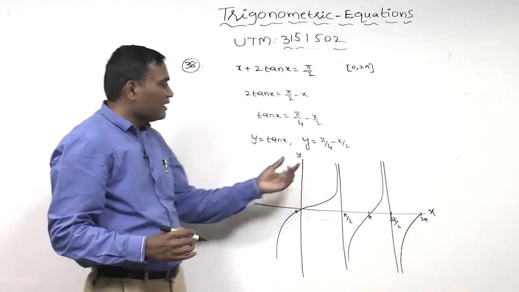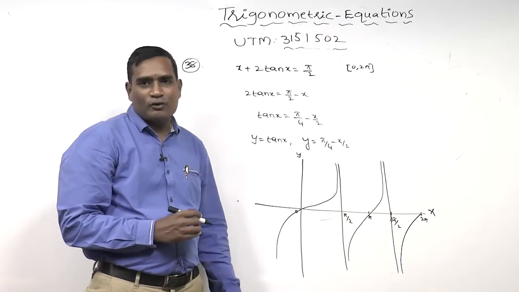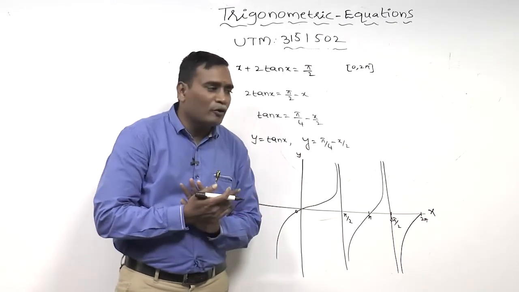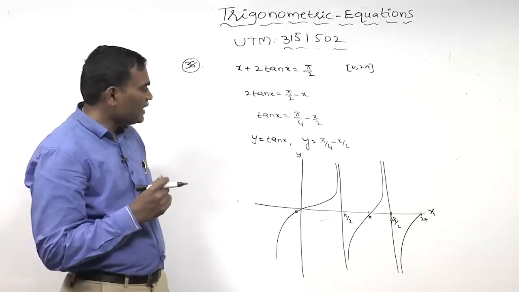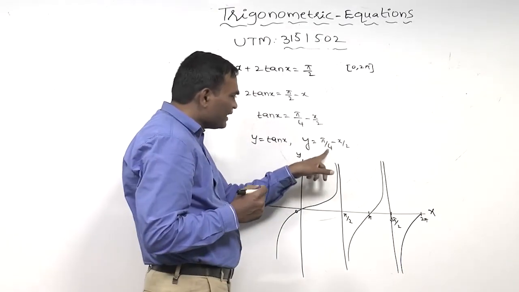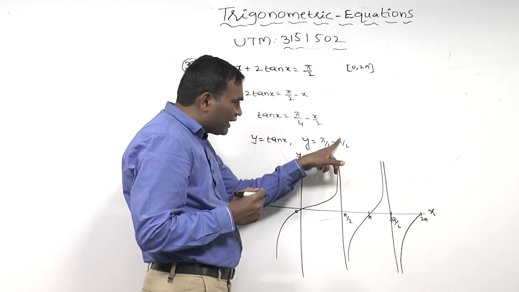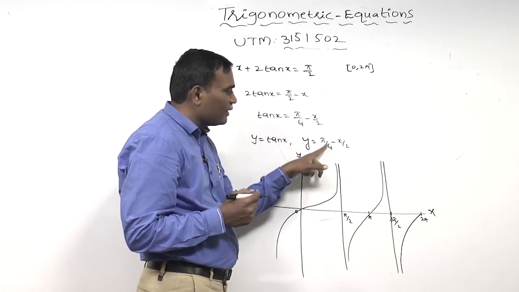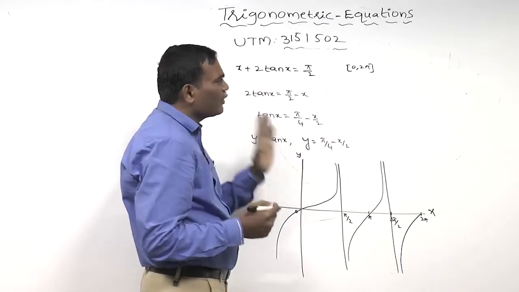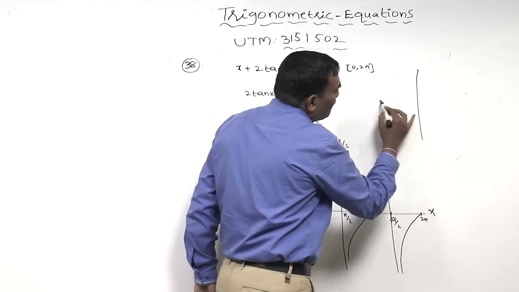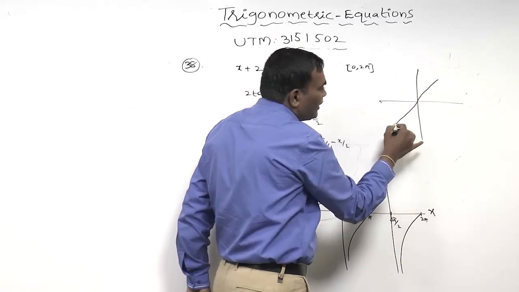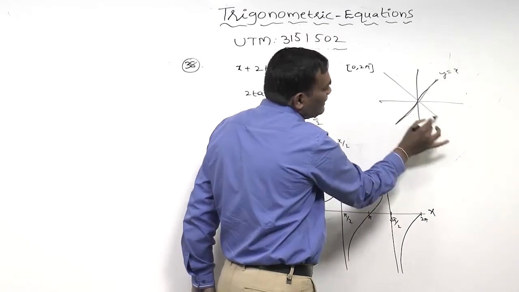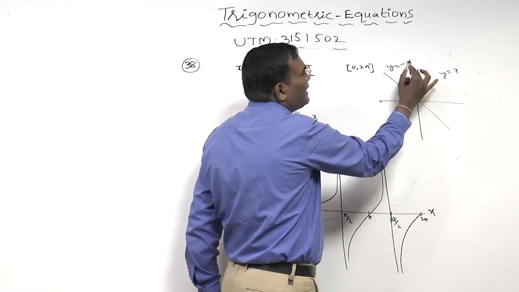Next, y is equal to pi by 4 minus x by 2. How to draw this graph? At x is equal to pi by 2, this becomes 0, since pi by 4 minus pi by 4 is 0. You remember the graph of y is equal to x, and the graph of y is equal to minus x.